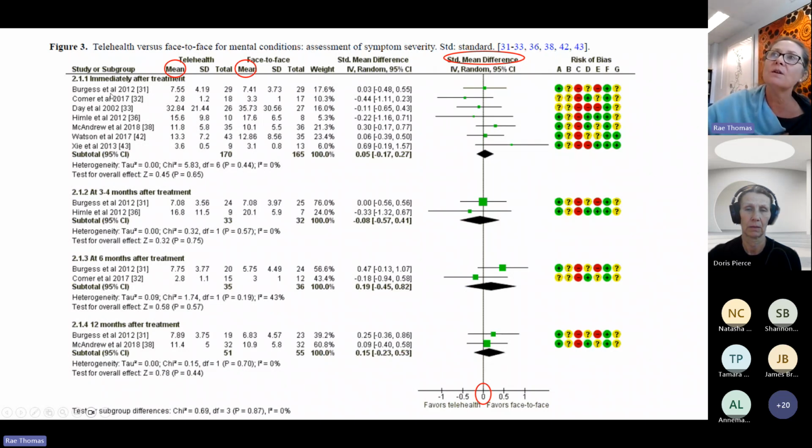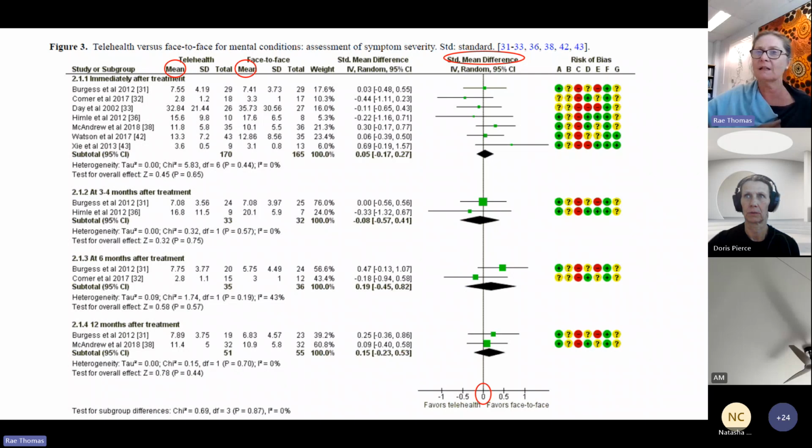So I can see that Burgess, this first one here, was really good on domain A, and I'd have to go back and have a look at what that is because I don't know it off the top of my head. Domain A was great, couldn't quite tell for domain B. Oh, domain C was awful, whatever that is. D, we couldn't tell. E, not great. F, great. And G, can't tell. All right, so you've got your traffic lights there. That's what the risk of bias means.